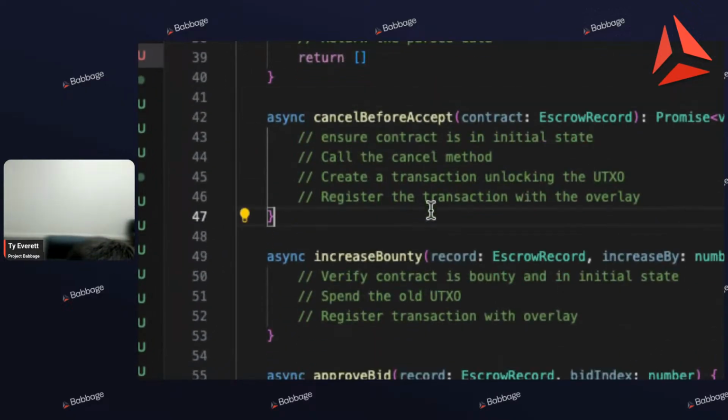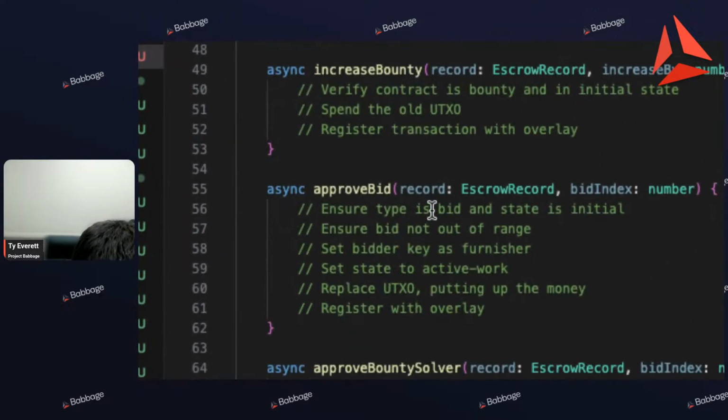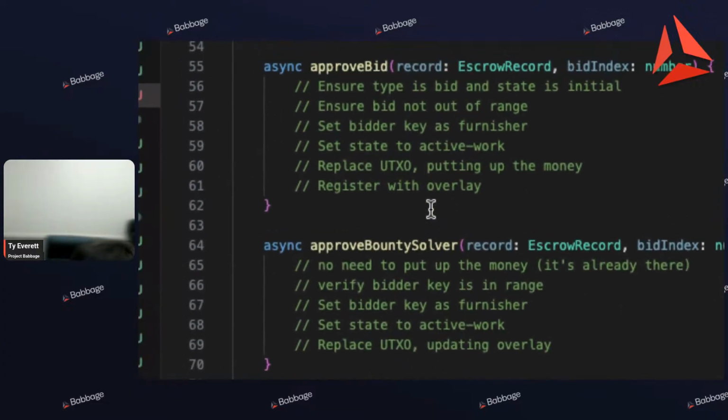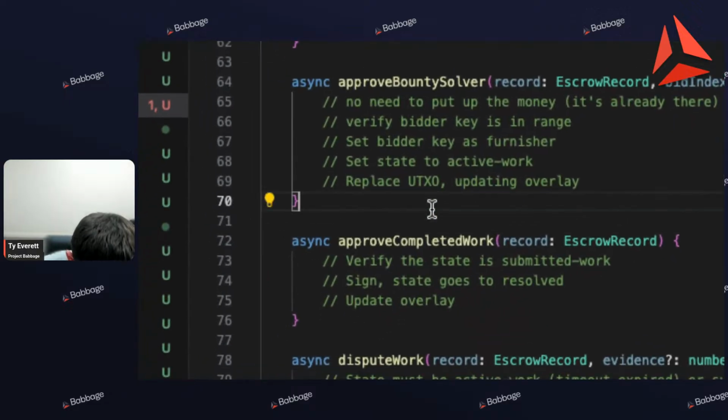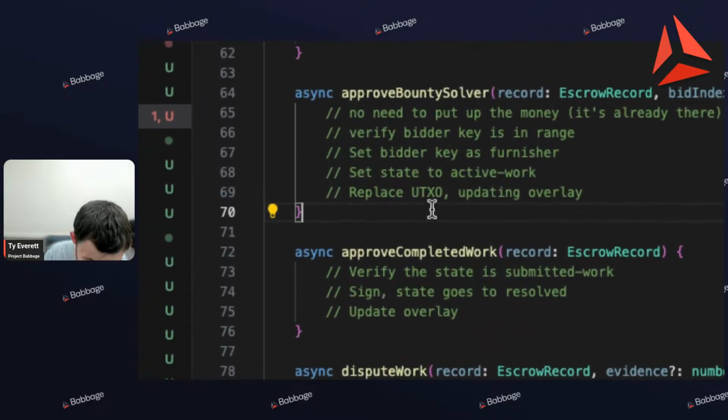Cancel, fine. I can increase my bounty. I can approve a bid or a bounty solver, depending, right? And there might be a bond associated with that now. Now, I can approve completed work. I can cancel bid approval after delay.